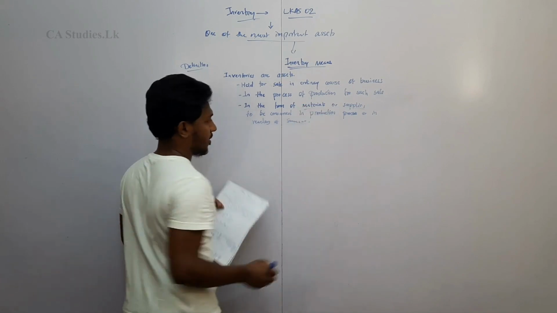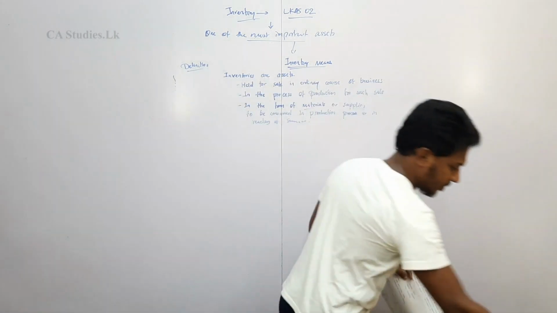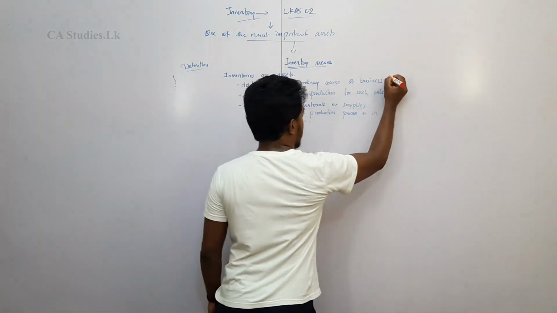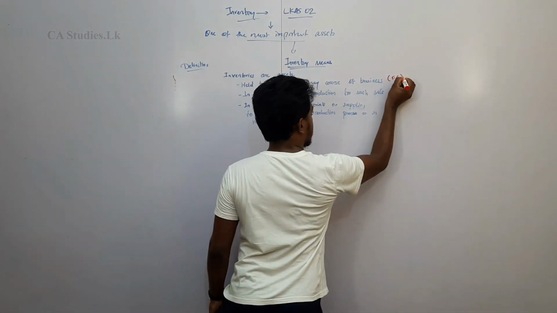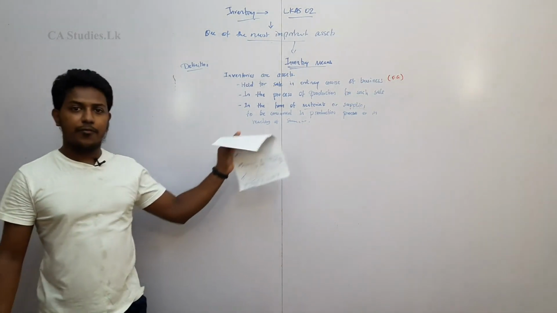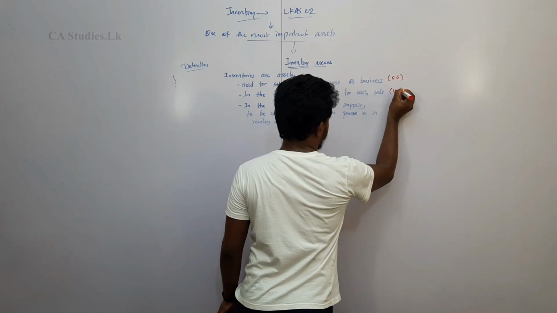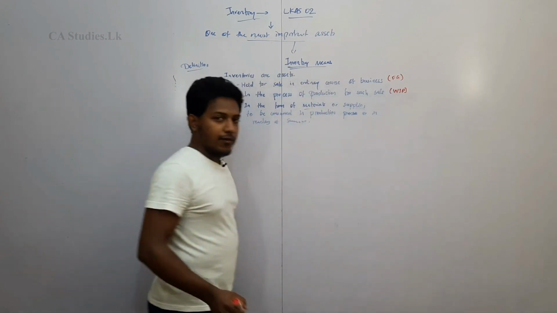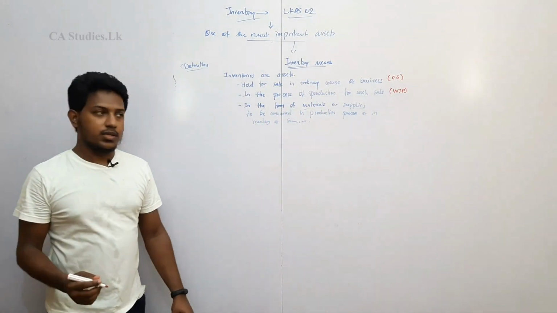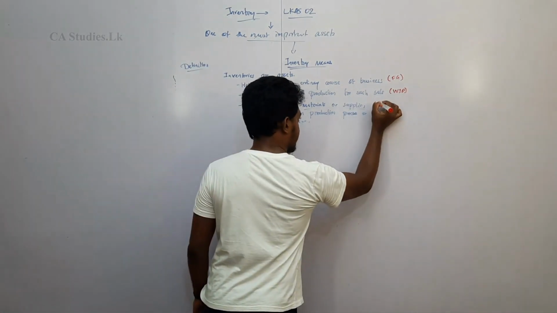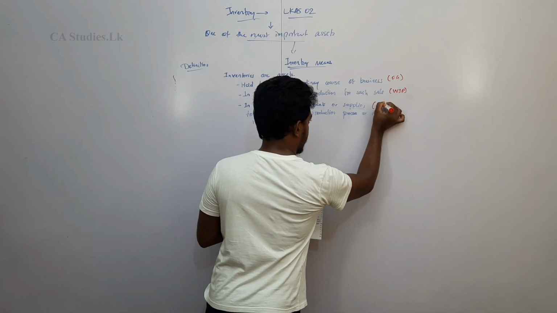Right? Here, held for sale in the ordinary course of business is called finished goods. In the process of production is called WIP, work in progress. In the form of material, this is called raw material.